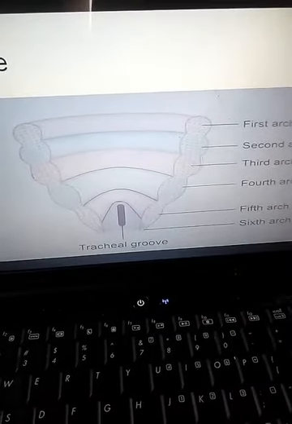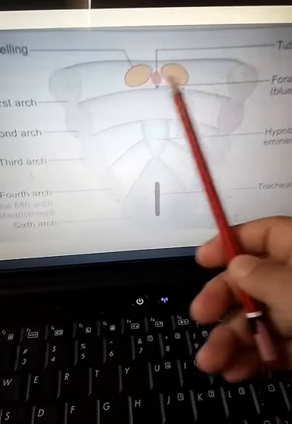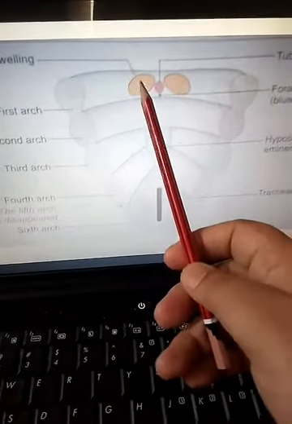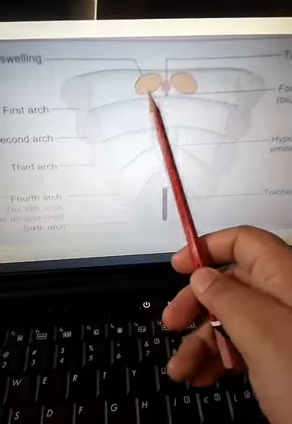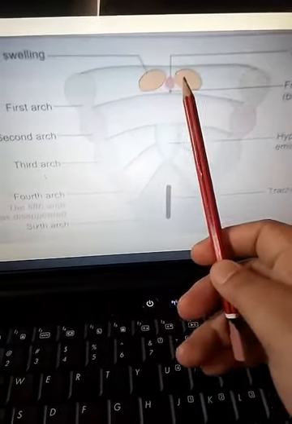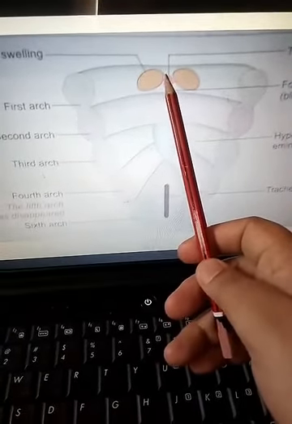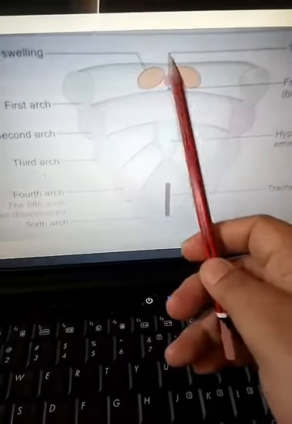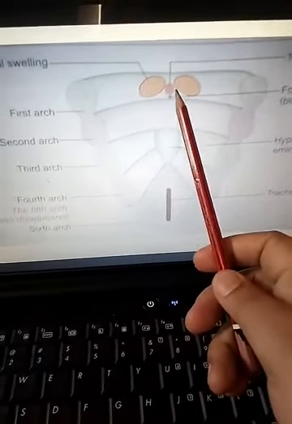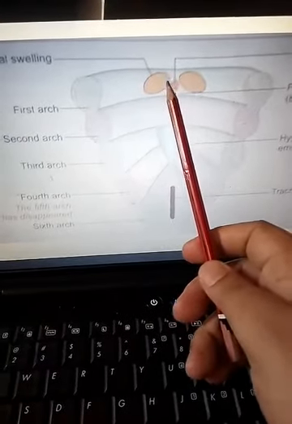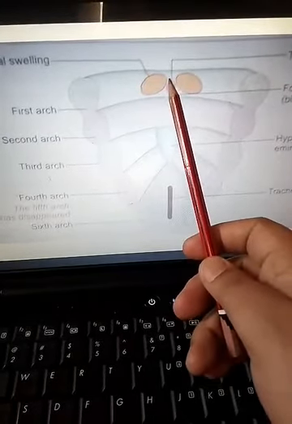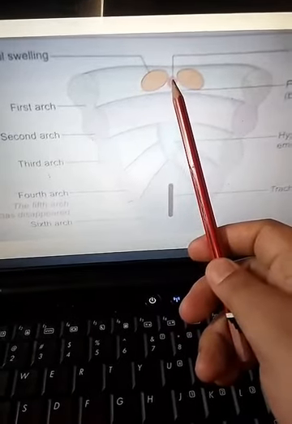So we will see here the most part of the first pharyngeal arch, that is the mandibular arch. So this is the most middle part of the first pharyngeal arch that becomes thick. Two swellings appear on the medial side of the mandibular arch, and these two swellings are known as the lingual swellings. These two lingual swellings are separated partially by another swelling that is known as the tuberculum impar.